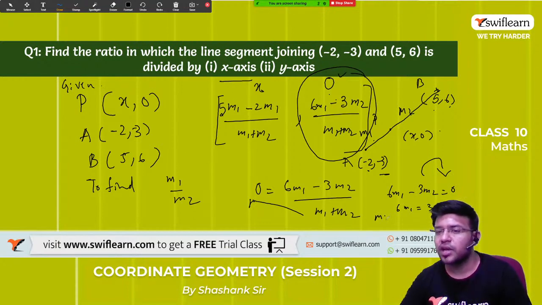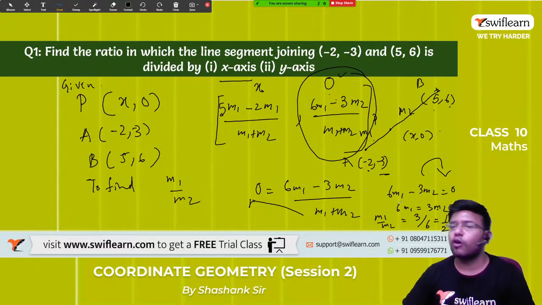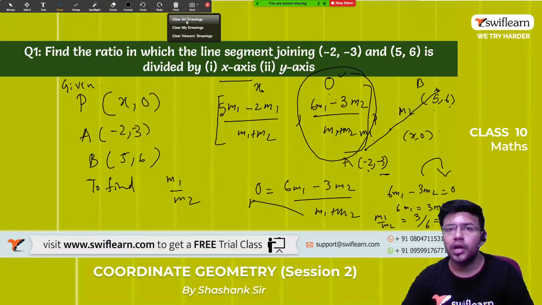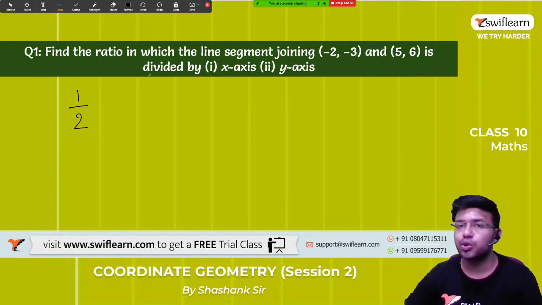Now m1 by m2 is 3/6, which is 1/2. So the ratio is 1:2. The point lying on the x-axis divides AB in the ratio 1:2.